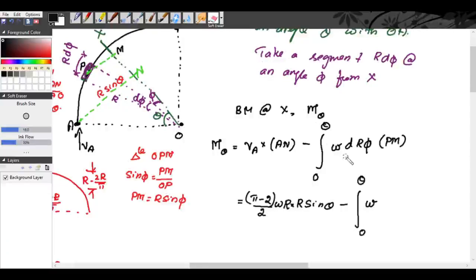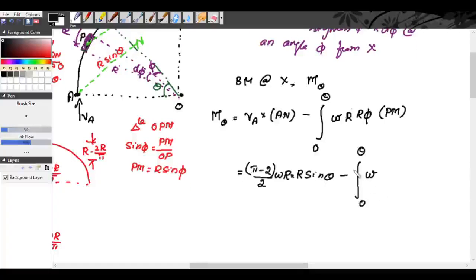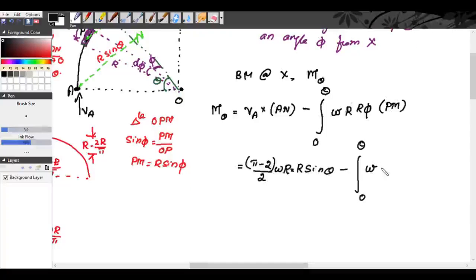This is R, right? W into R into dφ. So, WR into dφ into what is PM? R sin φ. So, R sin φ.